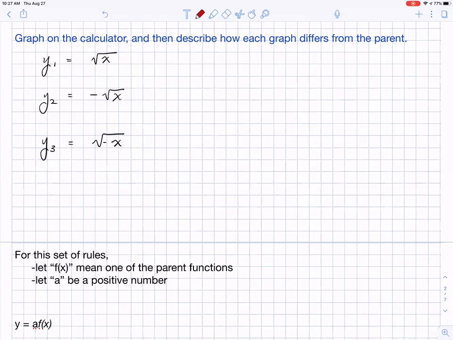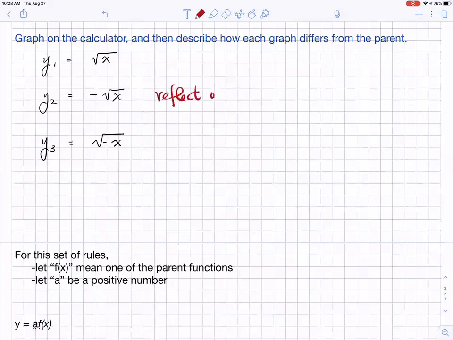It's on the outside. And anything that's written on the outside of the parent is supposed to affect my graph how? Vertically. Watch. Basically I had my swoop, and then all of a sudden it went down. That's a vertical change. Does that make sense? So that's a reflection over the x-axis. That is a vertical change.